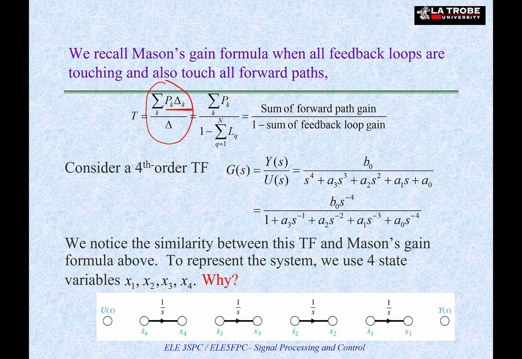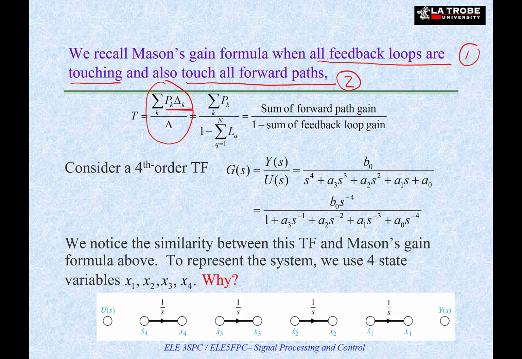The first assumption we make is that all feedback loops are touching. This is our first assumption. The second assumption we want to make is that these feedback loops touch all the forward paths.